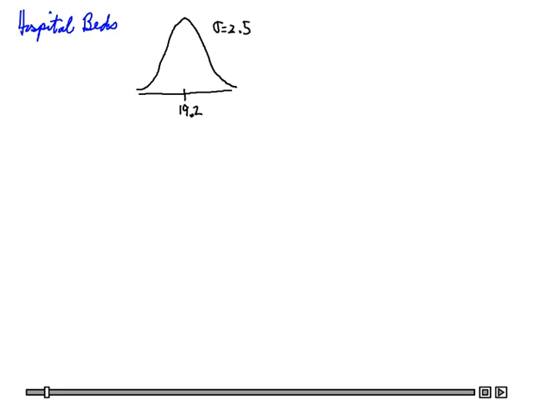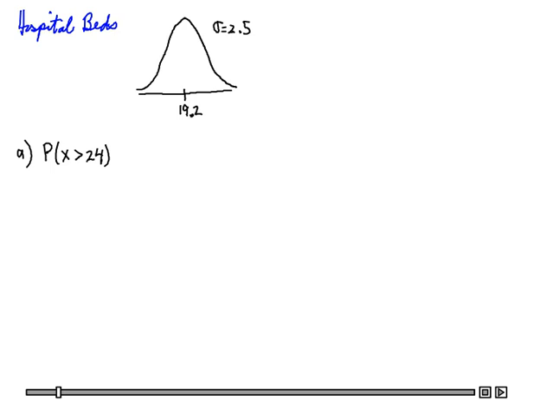The question is, what is the probability that the number of patients needing beds will exceed the pediatric unit's capacity? The capacity is 24. So what's the probability that the number of beds needed, the random variable, exceeds 24 beds?